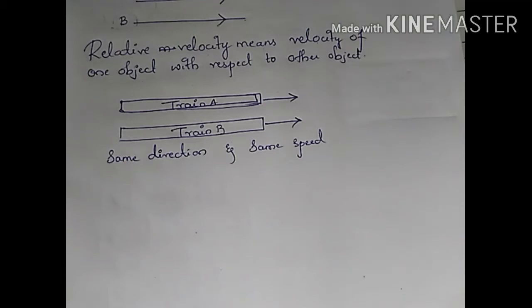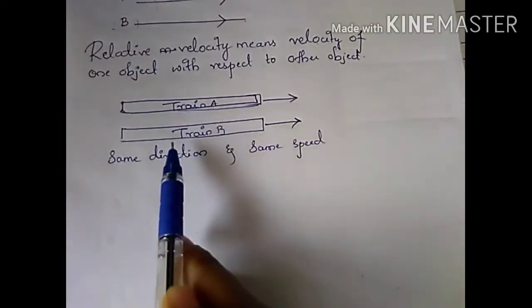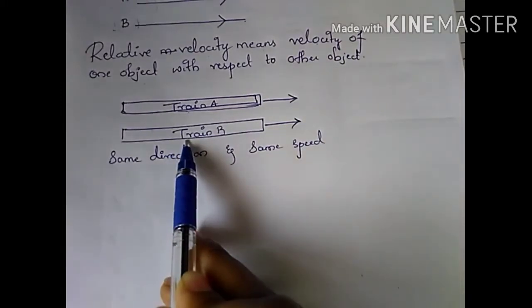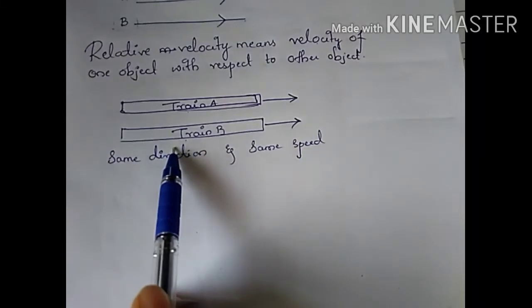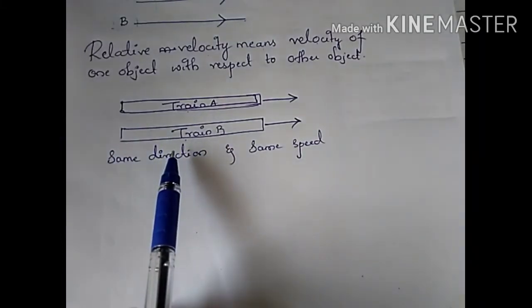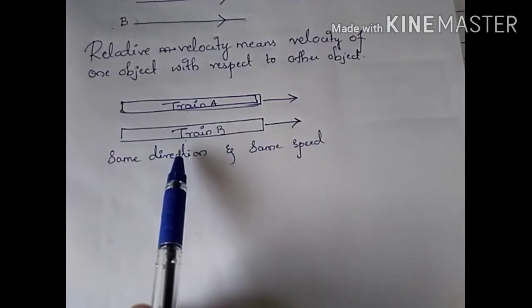If you see both these trains with respect to the ground, then you can see the motion of the trains. So if there is an observer in train A, then if he sees another passenger in train B, he may feel that this train is not moving at all.